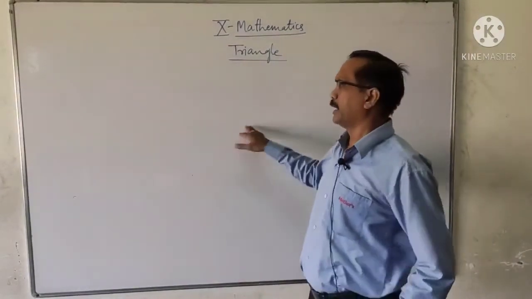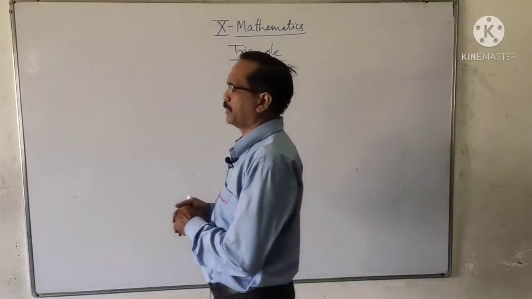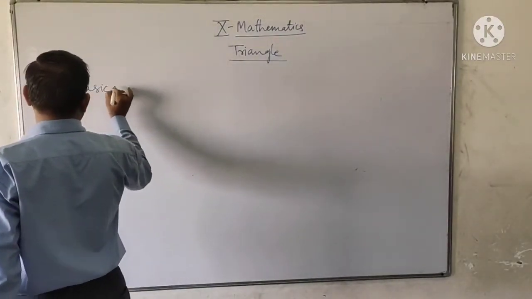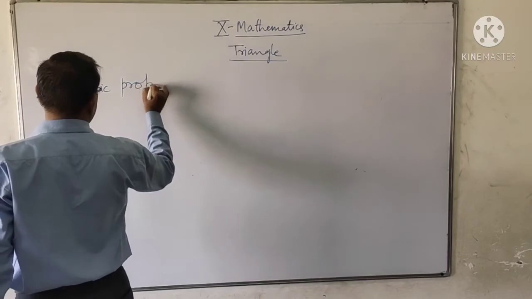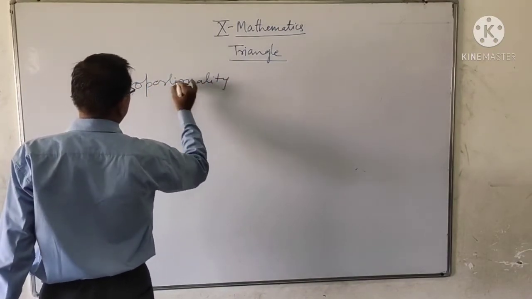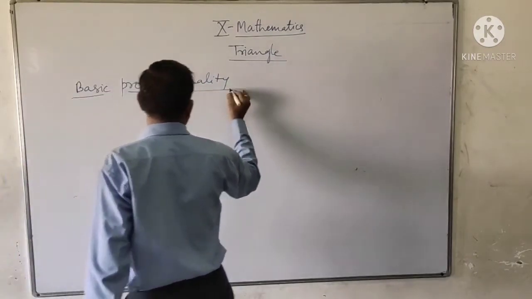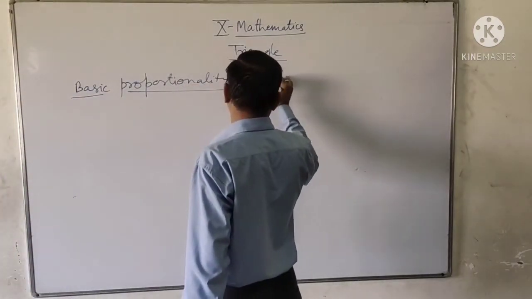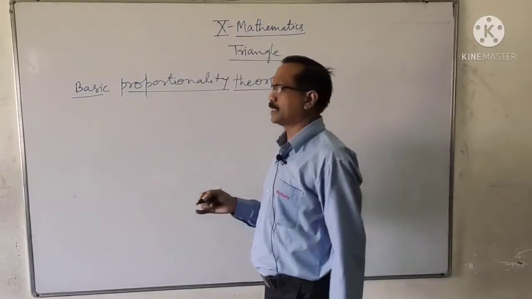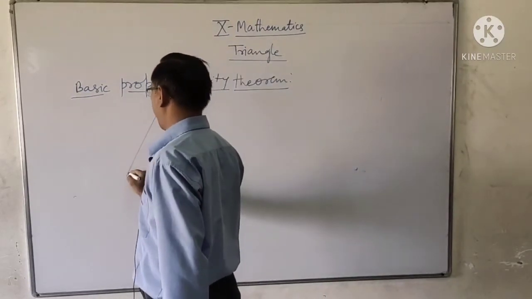Students, now it is one of the important theorems, called the Basic Proportionality Theorem. In this theorem, there is a triangle ABC.